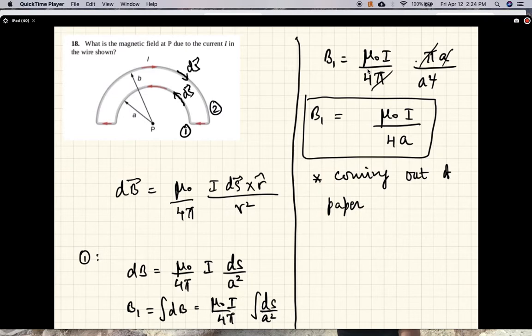And you can similarly calculate the field due to curve 2, and this field is going to go into the paper.